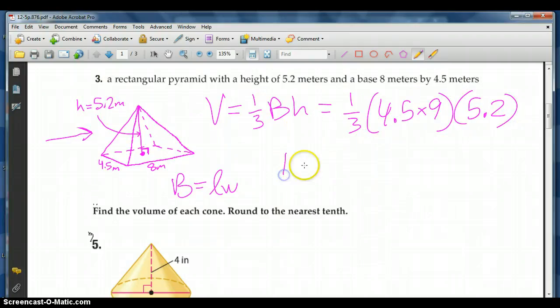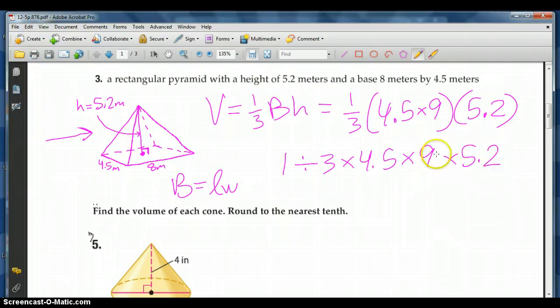So we can just type this all in. 1 divided by 3 times 4.5 times 9 times 5.2, and we get 62.4, and our correct units here in this case would be cubic meters.